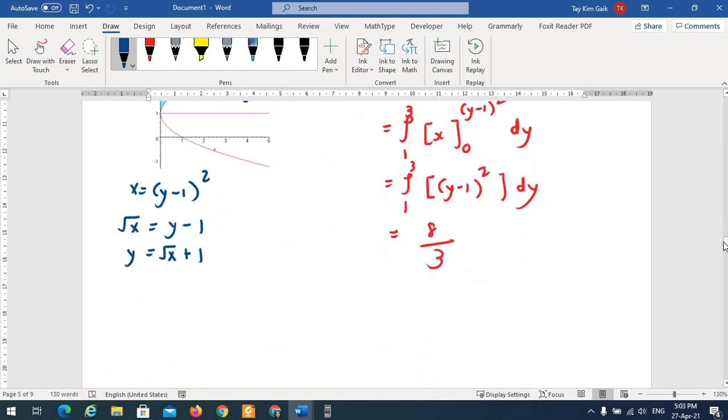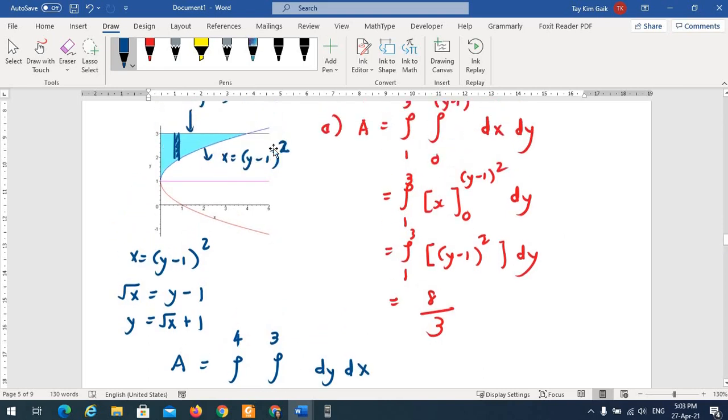So if you want to do using dy dx, x from 0 up to 4, y from the lower curve, which is square root of x plus 1, up to y equal 3, dy dx.